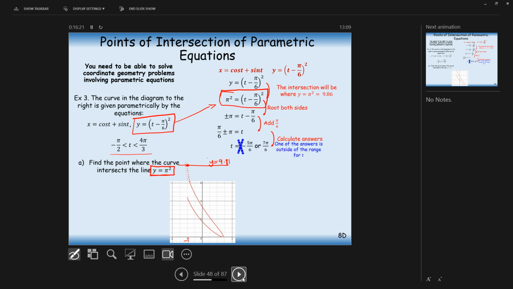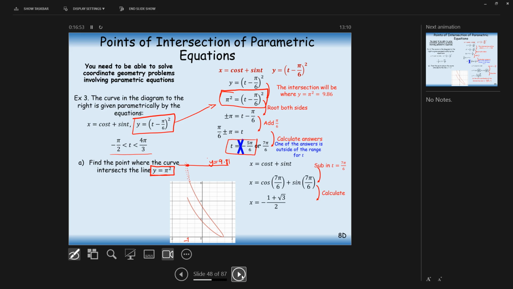So then we can actually look at the range of values. We discard the -5/6 pi because it cannot be within the range, since the range of t is bounded by -pi/2, and we only need to substitute one of the values for t into the equation for x and the equation for y.